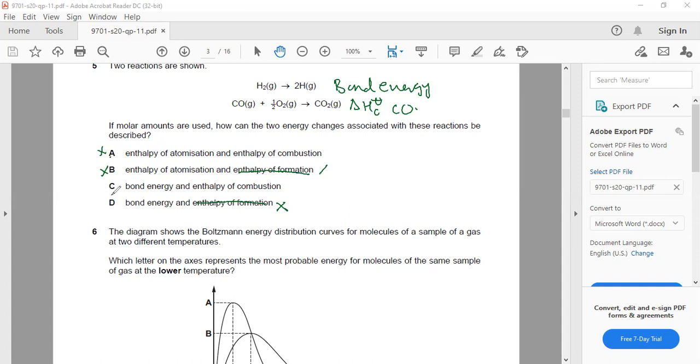So A and C were close. C is the answer because this is bond energy. One very important thing you have to remember, the rule: bond energy is in gas, must be in gas. That means elements, substances should be in the gaseous state.